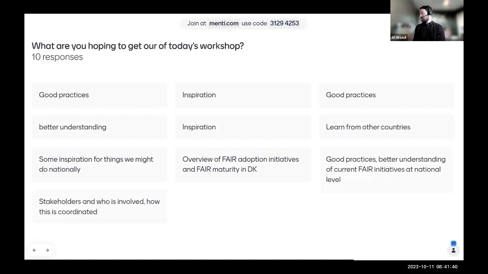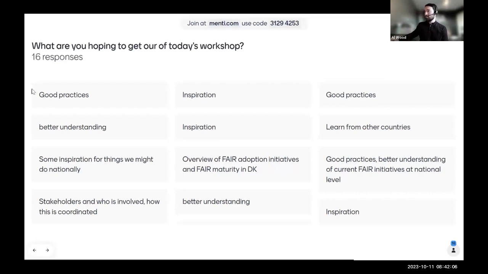Good practices, better understanding of current FAIR initiatives at national level, stakeholders who are involved, how, better understanding and inspiration. Inspiration certainly a word that's been used a lot on this particular slide. So yes, I believe we will be inspired by what we have to present today.